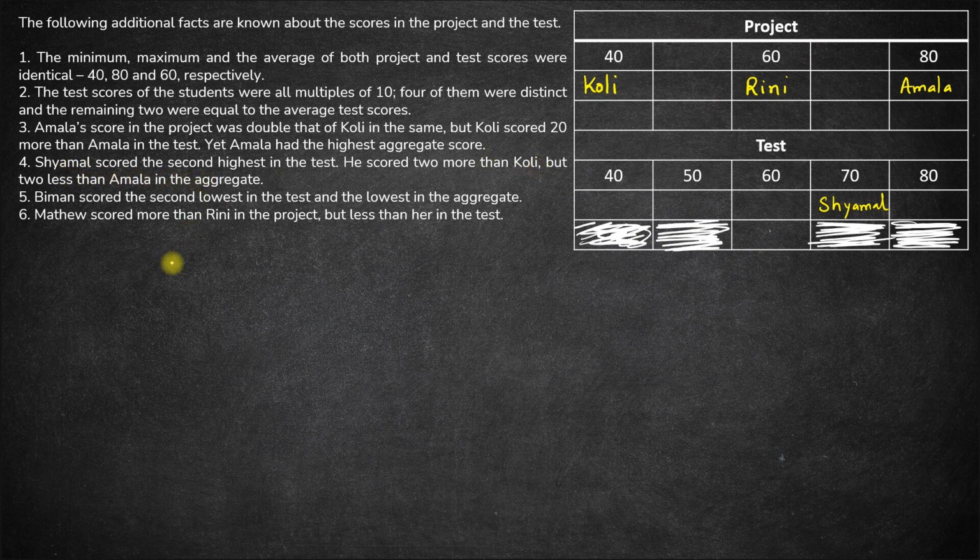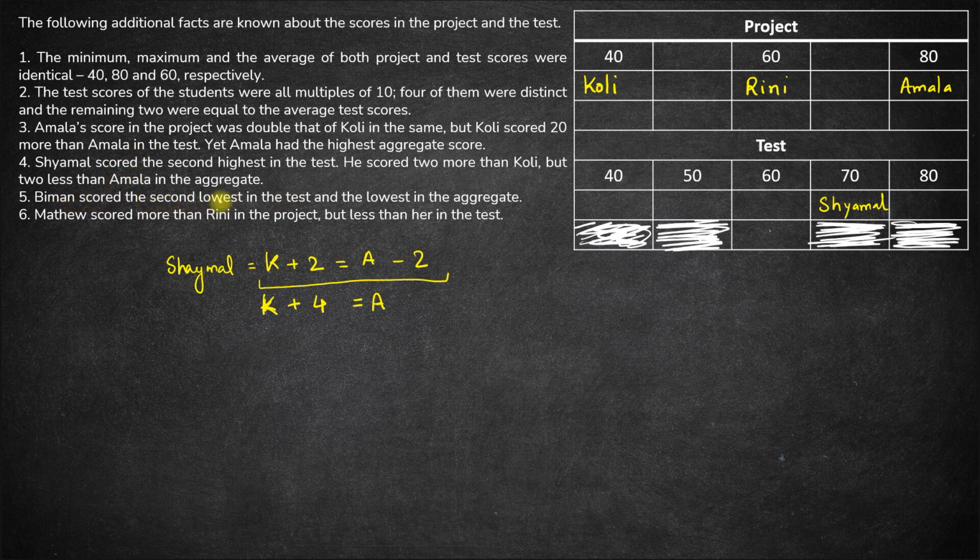Okay, so Shyamal's score was 2 more than Koli, K plus 2, and this score was 2 less than Amala. So that effectively means that the aggregate score of Amala was 4 more than the aggregate score of Koli. These are all aggregate scores. So aggregate score of Amala is 4 more than aggregate score of Koli. Okay, we'll keep this in mind.